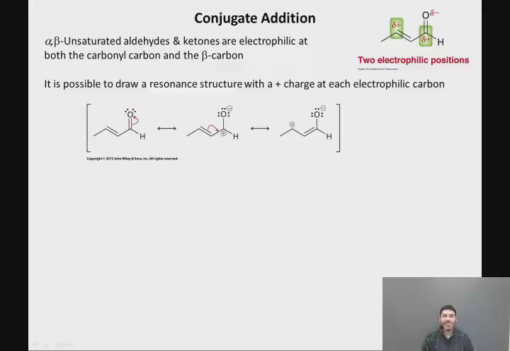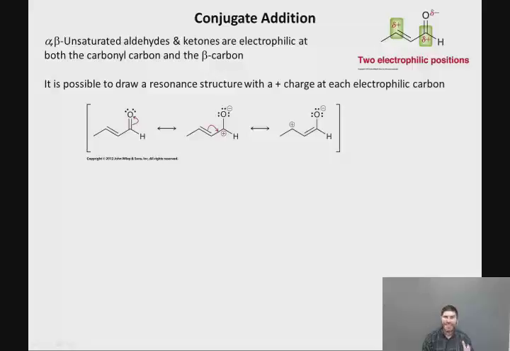It's possible to draw a resonance structure with a positive charge at each electrophilic carbon. You may recall when we started talking about the chemistry of carbonyl groups that we can draw a resonance structure for the C=O double bond in which you just have a single bond and a positive charge on the carbon and a negative charge on the oxygen. We said we don't like that resonance structure, but it's still important for explaining the reactivity of these compounds.